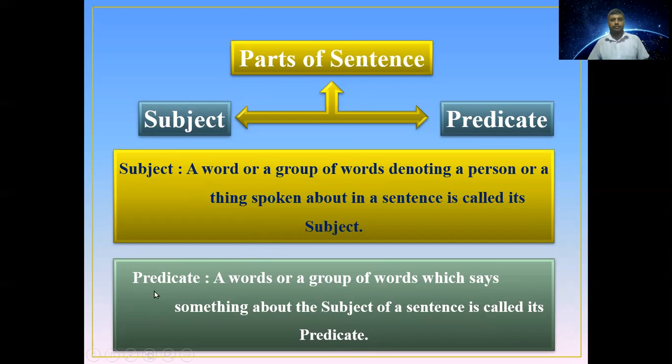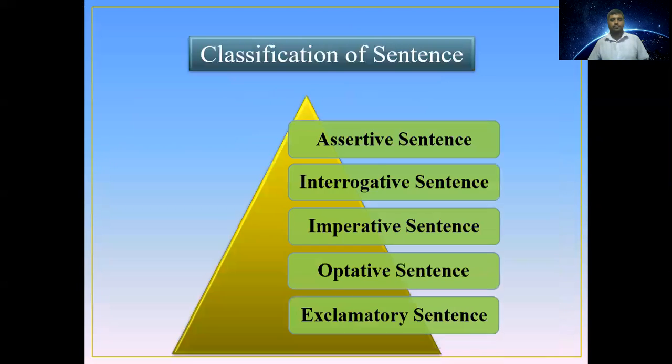I say again, a word or a group of words which says something about the subject of a sentence is called its predicate. So my dear student, you understand subject and predicate. Let us go to the next slide.